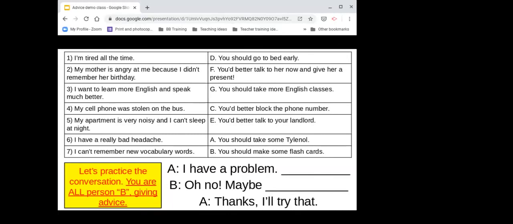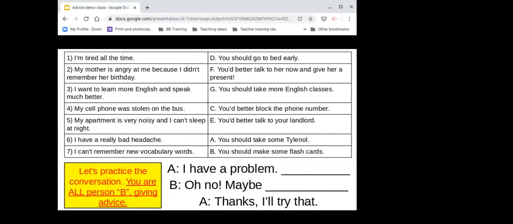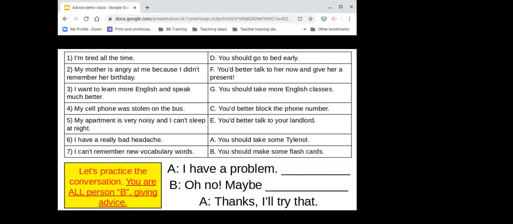Everyone can answer me. Number 3, I have a problem. I want to learn more English and speak much better. Oh no, maybe you should take more English classes. I'll try that. Very nice, everyone.